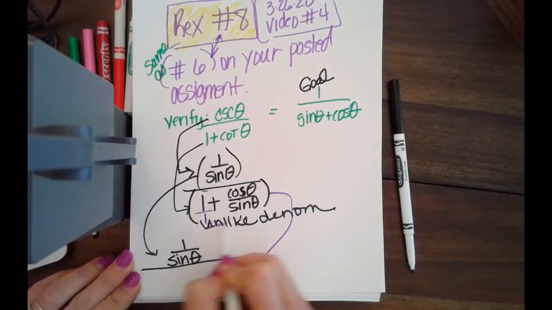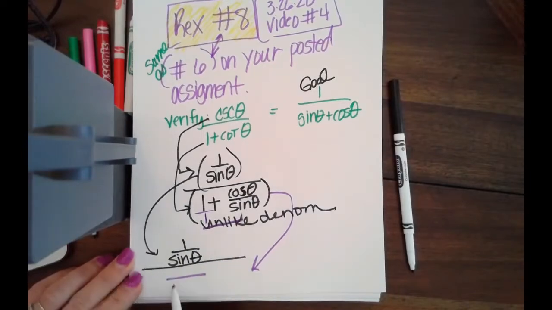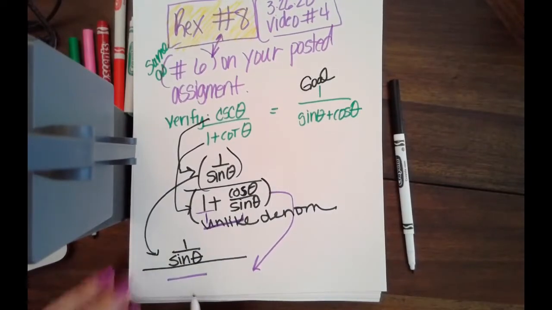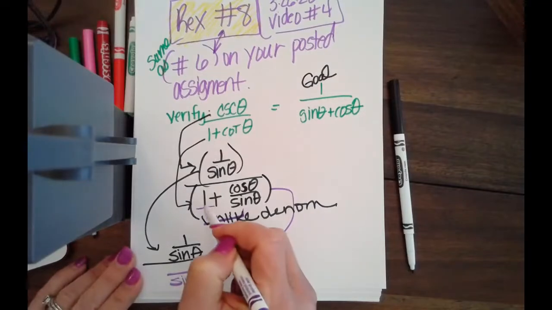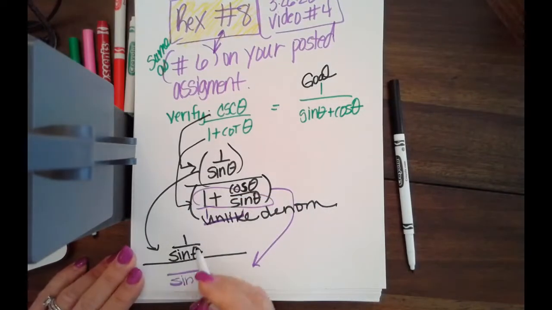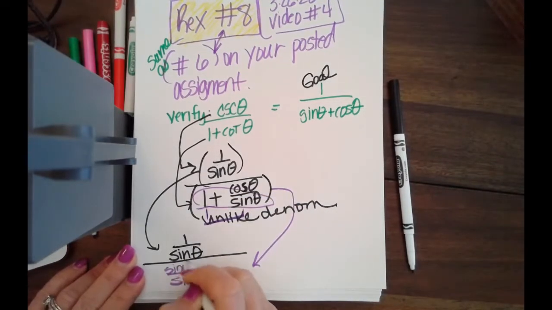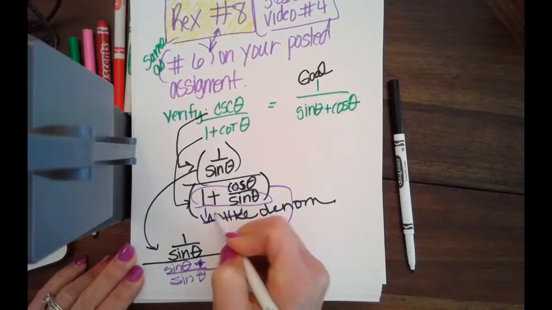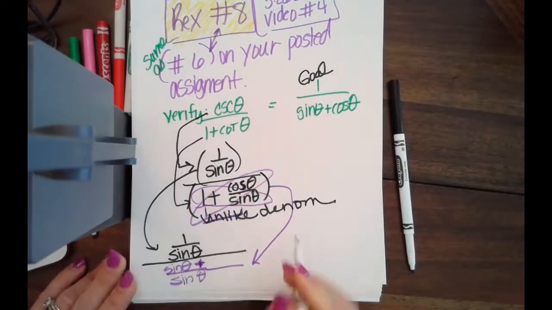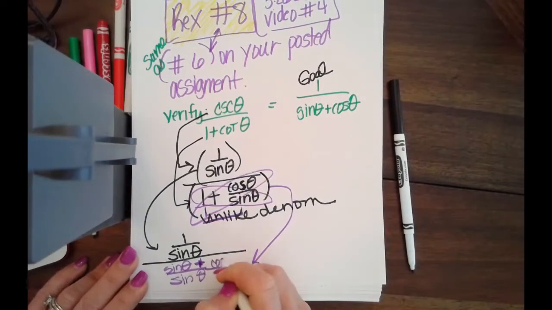So I'm going to multiply these two denominators together, which is going to give me a denominator here of sine of theta. And then I'm going to cross multiply. Well, 1 times sine of theta is sine of theta. Operation is addition. And the other member of my numerator is the cross product of cosine times 1. So that's cosine of theta.